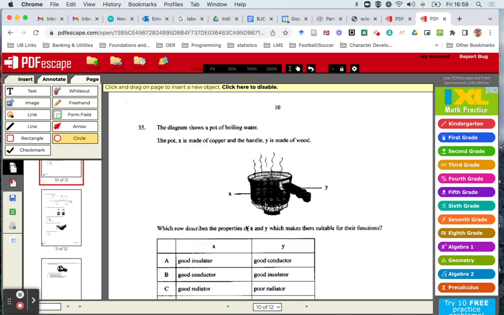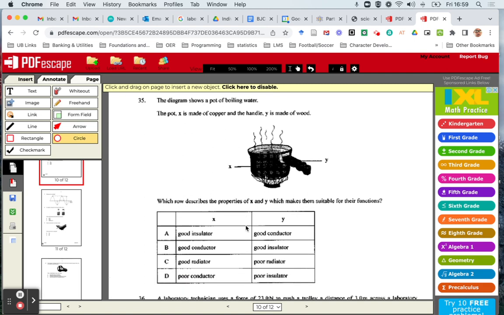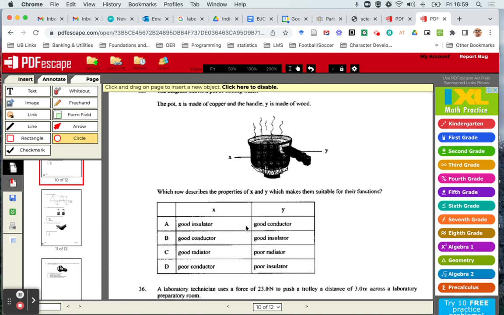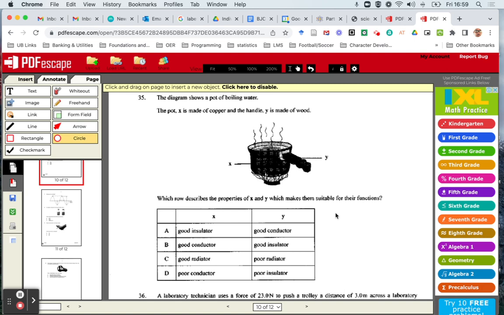And we have the next question. A pot of boiling water is made of copper and the handle is made of wood. Which row describes the properties of X and Y that makes them suitable for their functions?